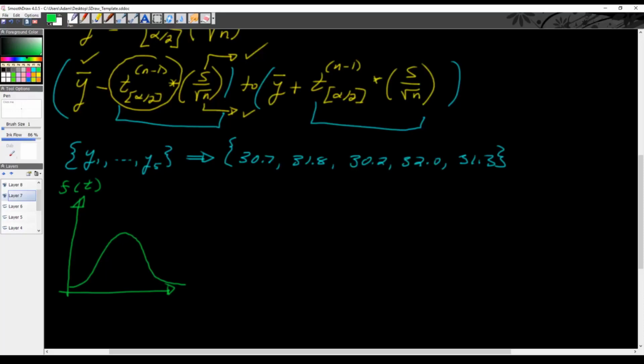So what is the critical t-value that leaves 2.5% under the curve to the right of the t-value?